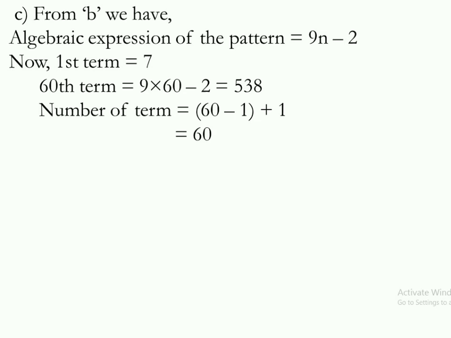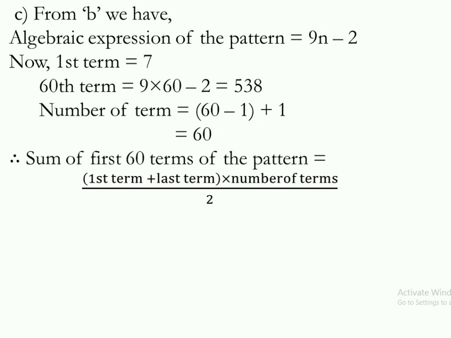Now we know the formula for the sum of 60 terms, or the sum of any pattern, is like this: first term plus last term, multiplied by the number of terms, divided by 2. So here if we replace the first term by 7, the last term, sorry, the 60th term is 538, and the number of terms is 60, then we get 7 plus 538, into 60, divided by 2.